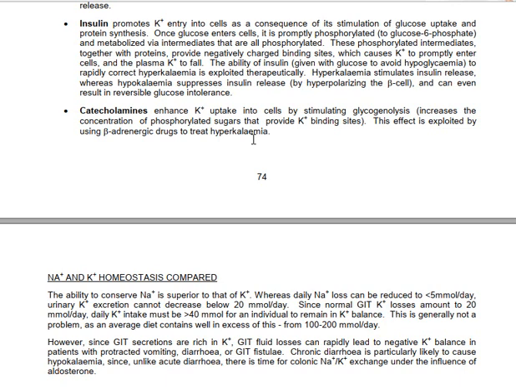When there's glycogenolysis, there's going to be more phosphate glucose inside the intracellular fluid, and it can now attract the potassium ion inside the intracellular fluid.